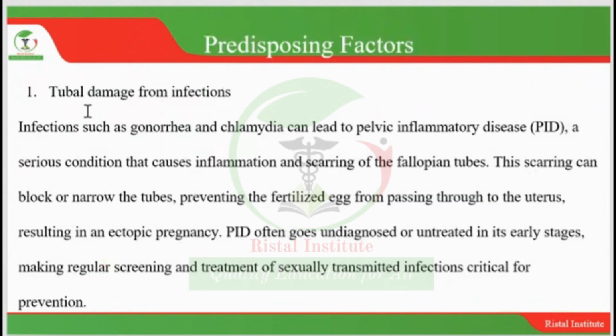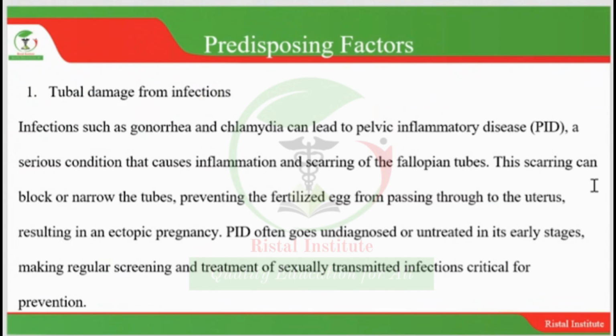Predisposing factors include tubal damage from infections such as gonorrhea and chlamydia, which can lead to pelvic inflammatory disease, or PID, a serious condition that causes inflammation and scarring of the fallopian tubes. In case this happens, it is very difficult for the fertilized egg to move, so it will end up being implanted in the tube.